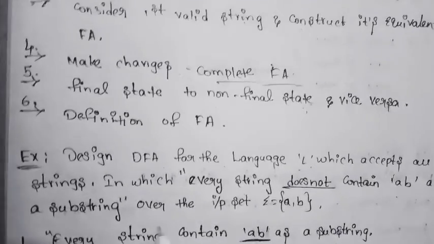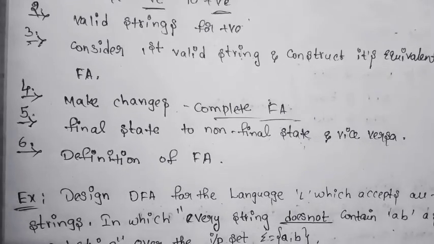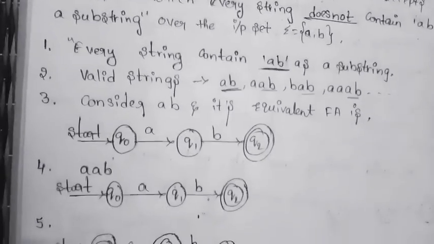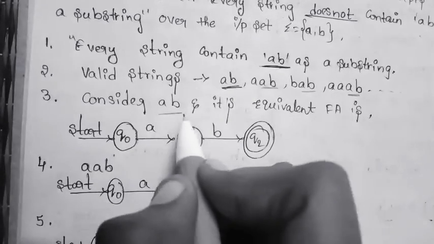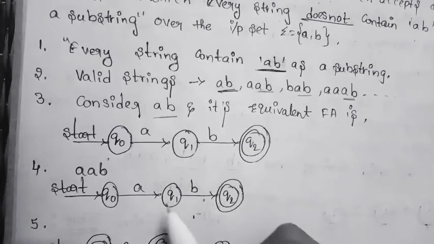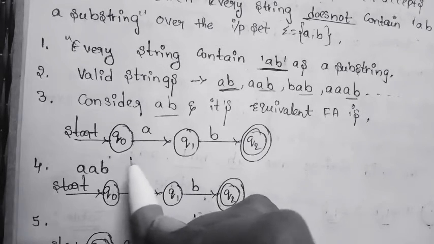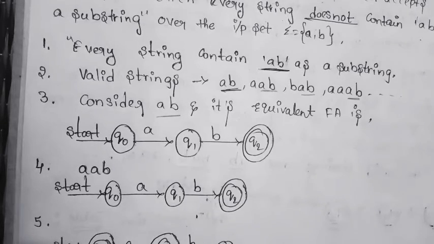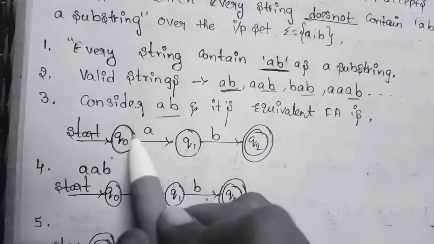Let's see the third step: consider the first value string and construct its equivalent finite automata. I am considering the first value string, AB. In my previous video I already told you how to construct the simple finite automata. This is our initial state or starting state.